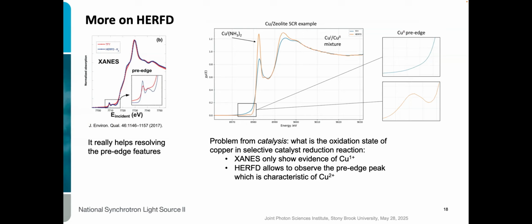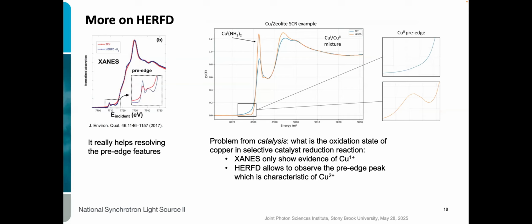But nothing is strictly not allowed in quantum mechanics. The more symmetric the system, the less the probability of seeing those, the pre-edge features they're called. But they're telling a lot about the system: symmetry, electronic structure, the geometry, which is another way to say symmetry, oxidation state.